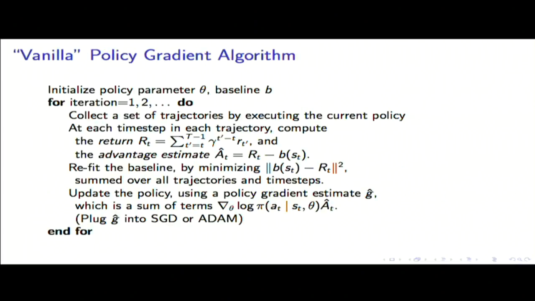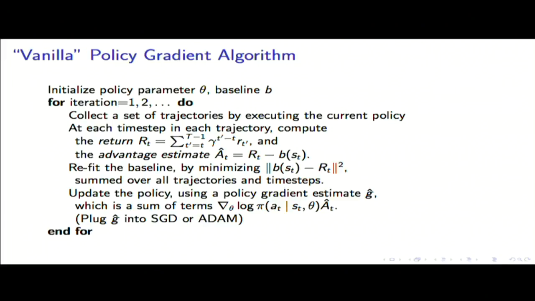So far we've just been talking about estimating gradients. Now it's time to actually turn that into an algorithm. What we're going to get can be called the vanilla policy gradient algorithm. The way it works is you do a bunch of batches, iterations 1, 2, 3, and so on.